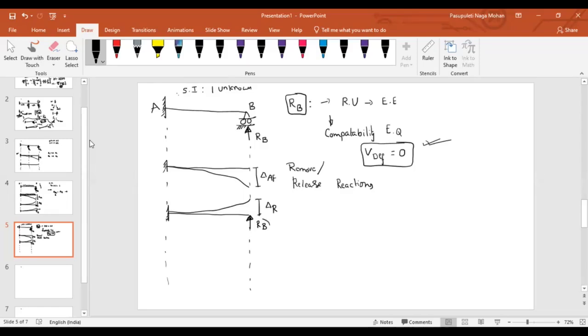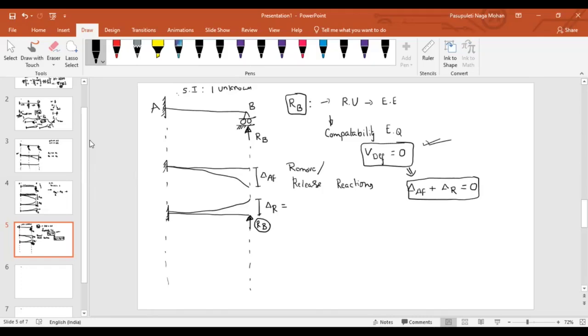The reaction will develop at point B such that the vertical deflection at that point is 0. That means the deflection due to the applied forces less the deflection due to the reaction must be equal to 0. One is downward and another is upward, one positive and another negative, so if you add them you get 0, right?